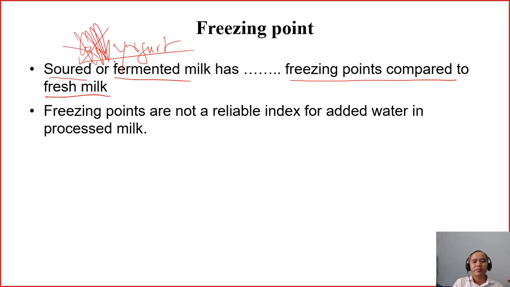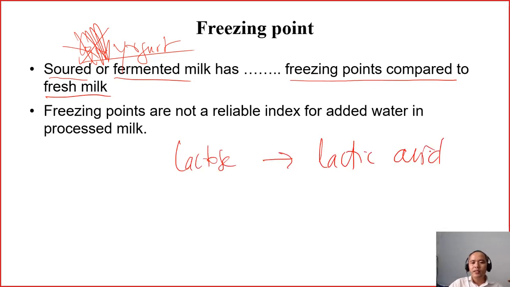When we do fermentation of yogurt, we convert part of lactose into what? Lactic acid. And when this conversion occurs, 1 mole of lactose is normally converted to 2 moles of lactic acid.